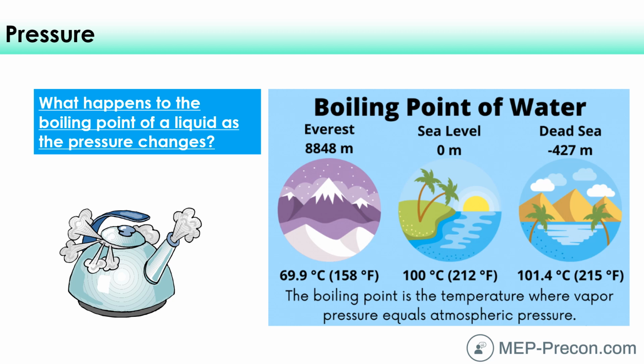So what happens to the boiling point of a liquid when pressure changes? Well, they're proportional. As you go up in elevation, as this little graphic shows, at the top of Mount Everest, the pressure is a little bit less there, and so the boiling point is quite a bit less. Liquid wants to naturally evaporate into a gas, and that's due to this thermodynamic property called entropy, which is pretty fancy.